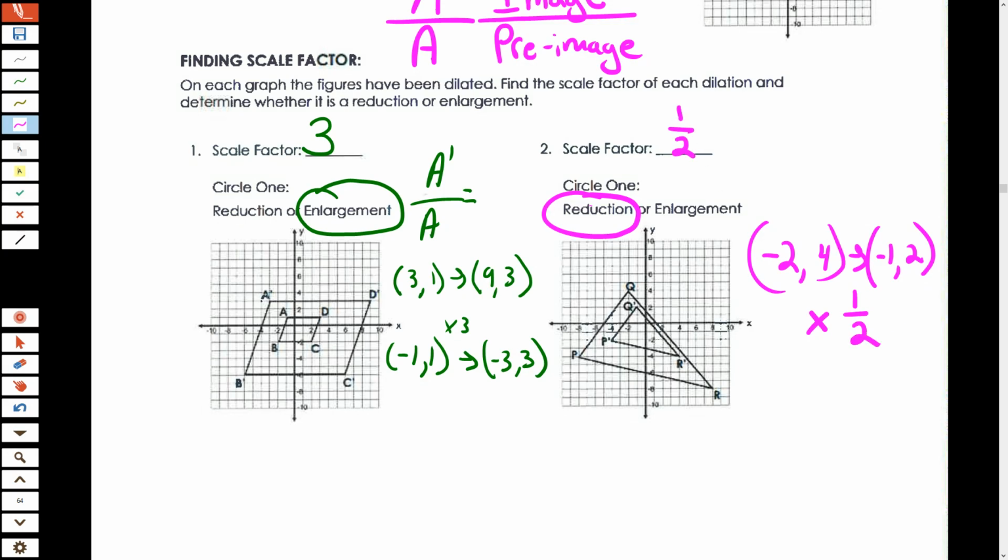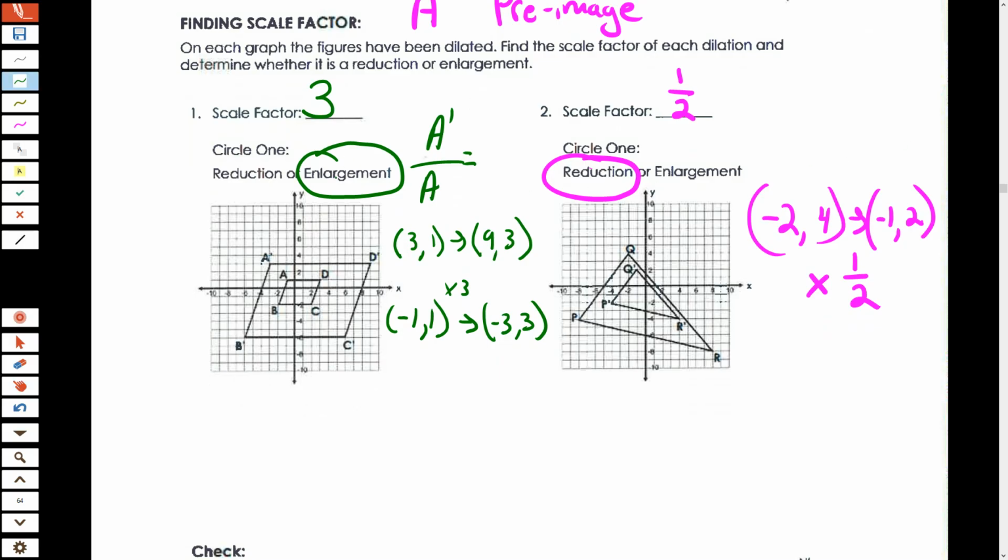Now let's see if there's another way we can figure out scale factor by using our A prime over our A. Some kids like to use this method, which is perfectly acceptable. Let's take this original point here. Now 3, 1 is our original, right? So this one would be our A. And this one, 9, 3, is our A prime.